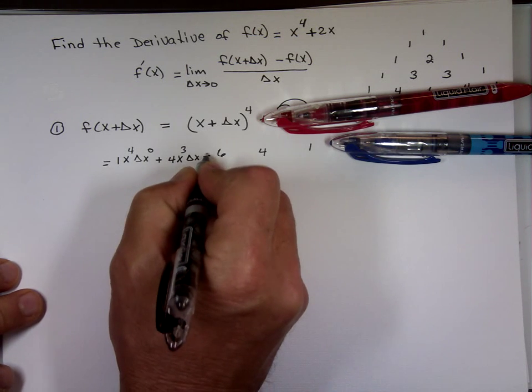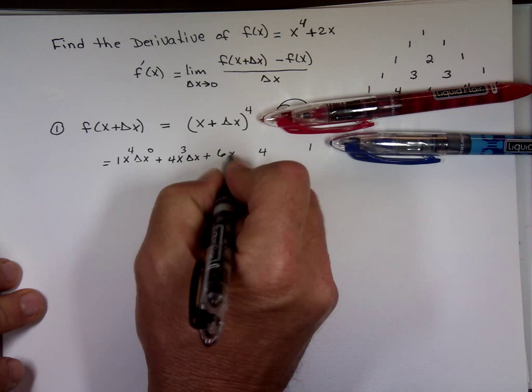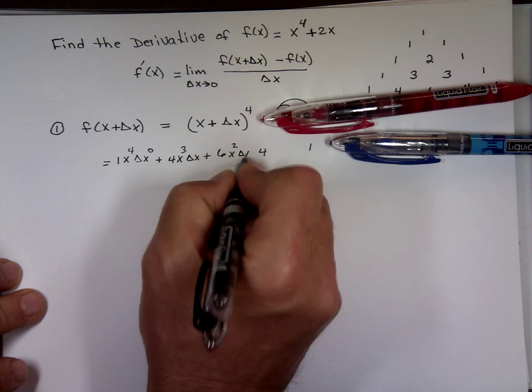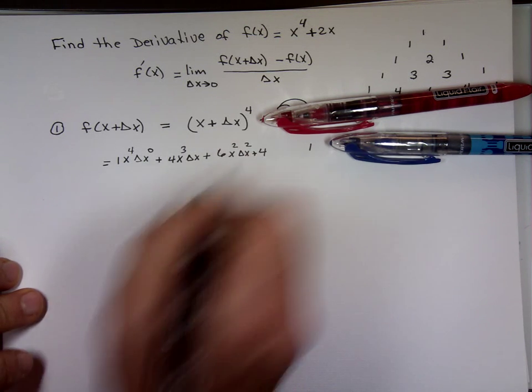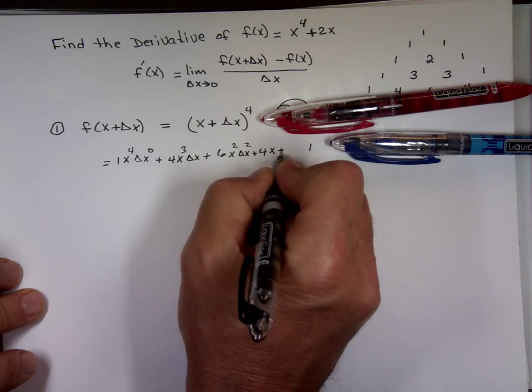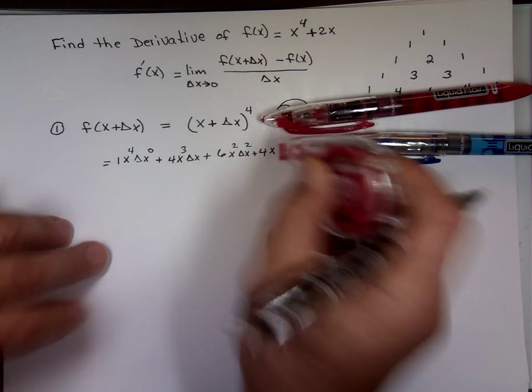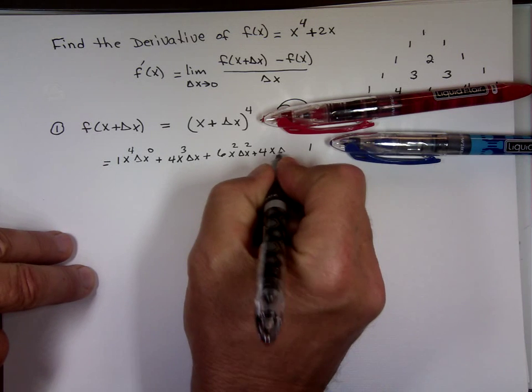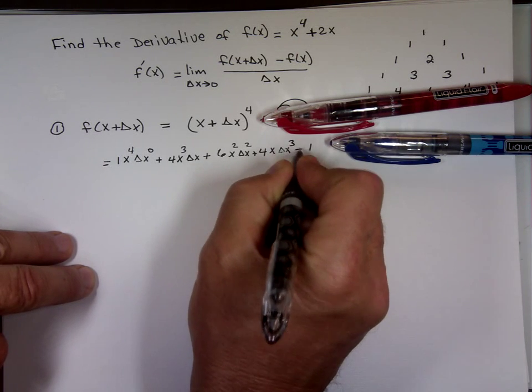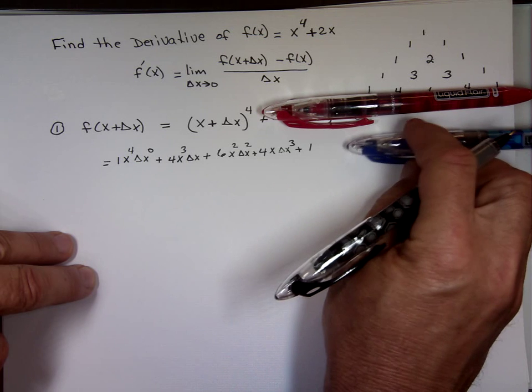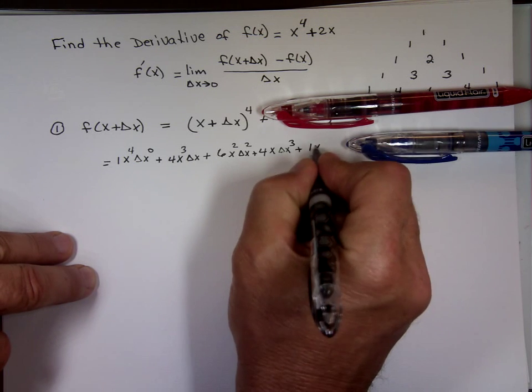X squared, delta x squared. X, up. Delta x to what power? 3. And the last one, x to the 0, delta x to the 4.